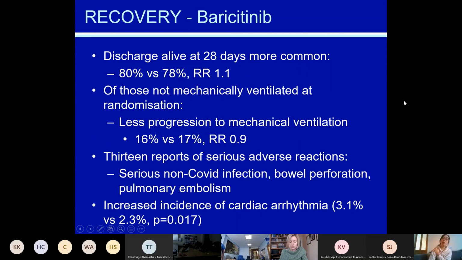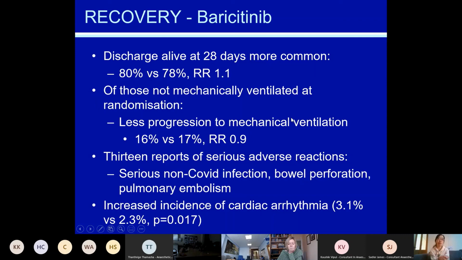For the secondary outcomes, there is a trend in improvement in discharge alive at 28 days, small differences. And of those not mechanically ventilated, there is a trend towards fewer people needing ventilation.